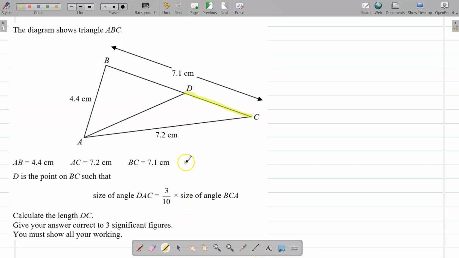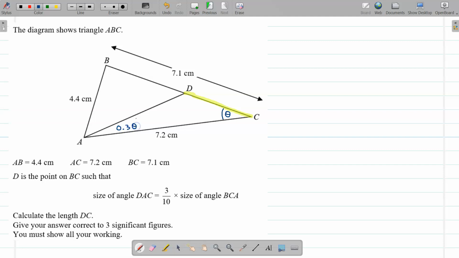We need to first of all look back at the whole thing, and I can see a triangle with 3 known sides. But we have an unknown angle here, which I'm going to call theta. And we know that this angle here, if you read the information it's giving us, is 3/10 of theta, so 0.3 times theta.